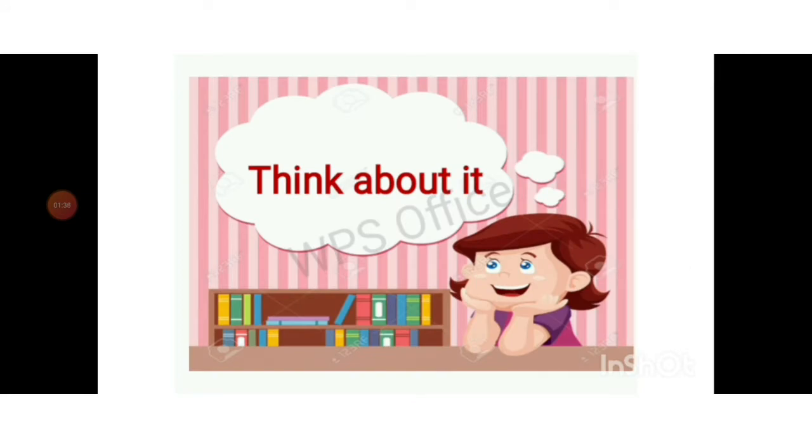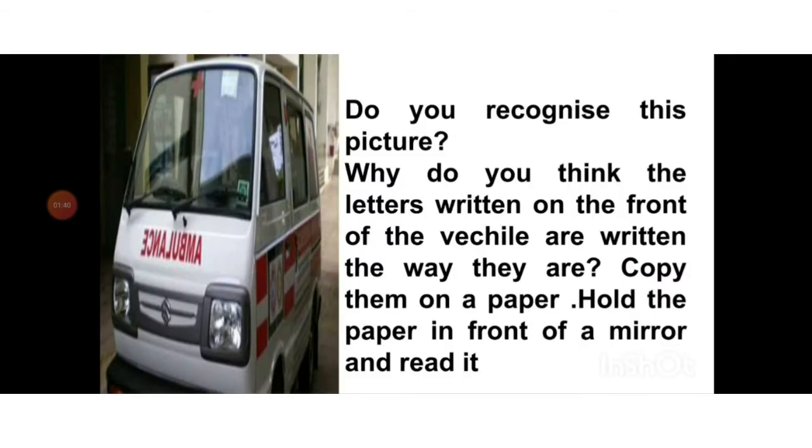Think about it. Do you recognize this picture? Why do you think the letters written on the front of the vehicles are written the way they are? Copy them on a paper, hold the paper in front of a mirror and read it. You can try this at your home.